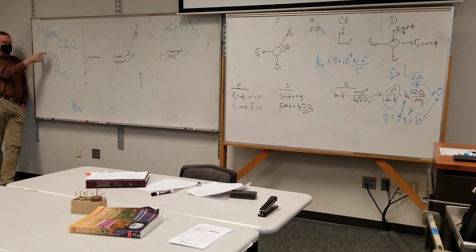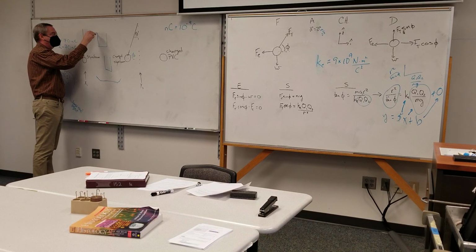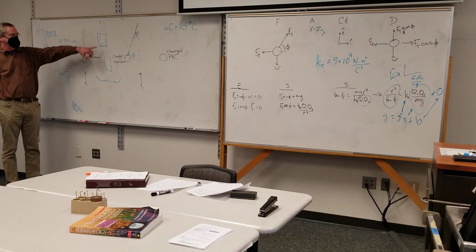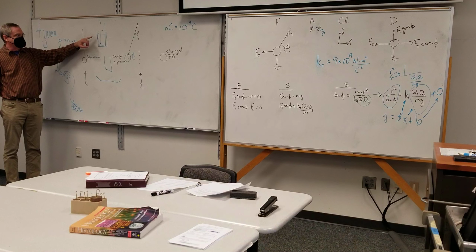Ideally, you have a narrow piece of metal, and you're putting the PVC or the cup as far in as you can, because that's going to be the best way to get the measurement.